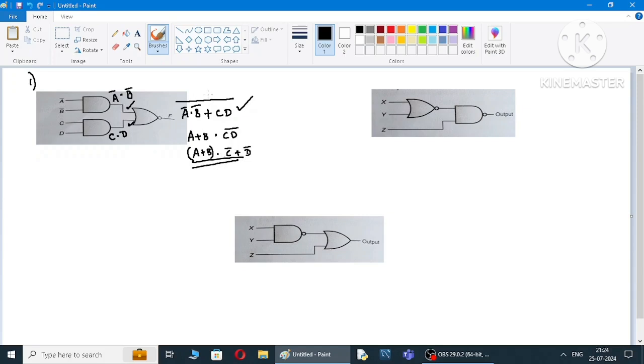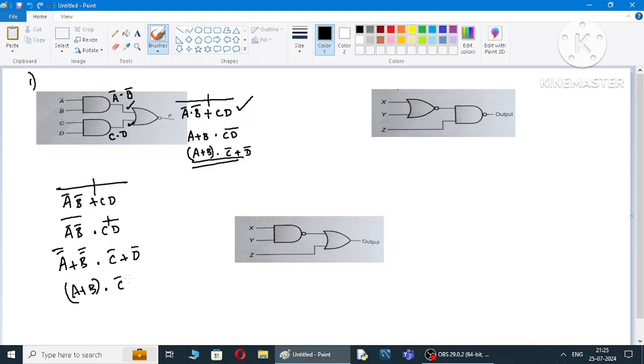It is like: break the line, change the sign. If you do it step by step, A bar B bar plus CD, complement, break the line. So A bar, B bar, whole bar, dot CD bar. And this will be broken like this: dot C bar plus D bar, because this is break the line again. So this is A plus B dot C bar plus D bar. Either this or this, both are correct.